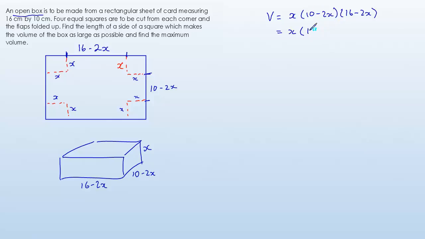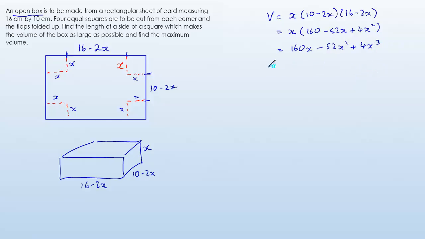So that's going to give us 160, take away 32x, take away 20x, so that's going to be 52x plus 4x squared. So that's 160x minus 52x squared plus 4x cubed.